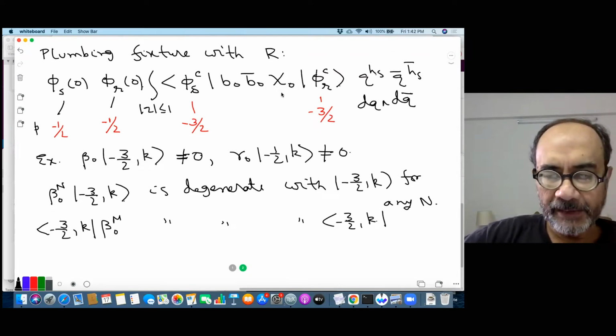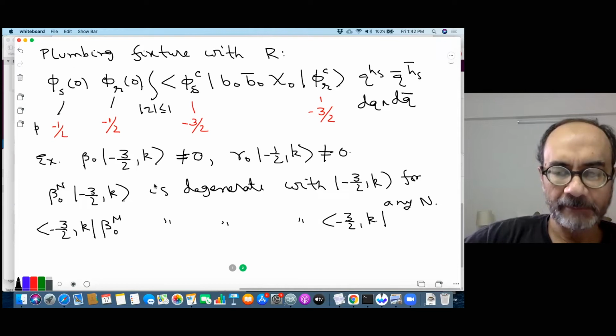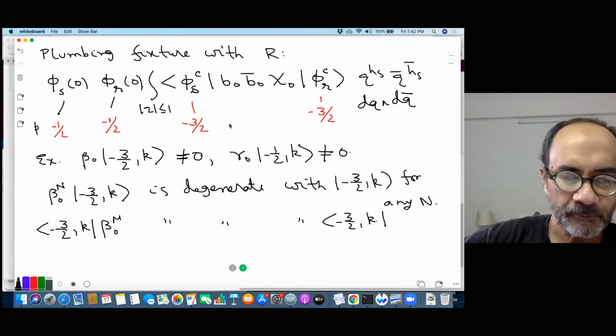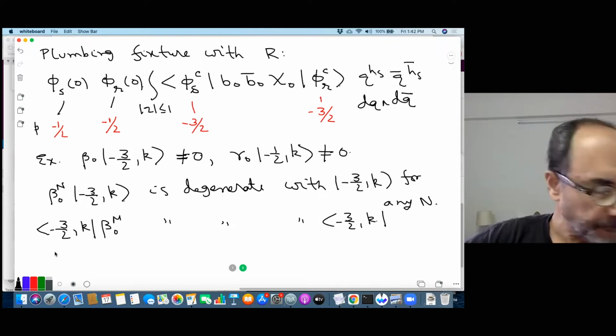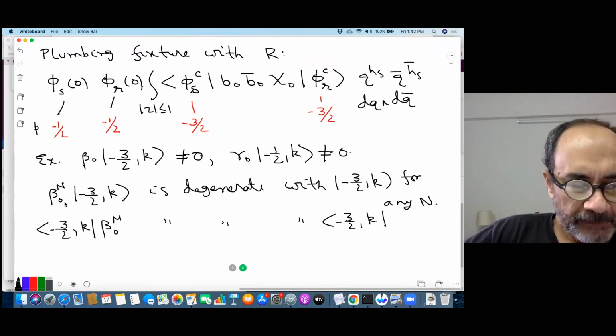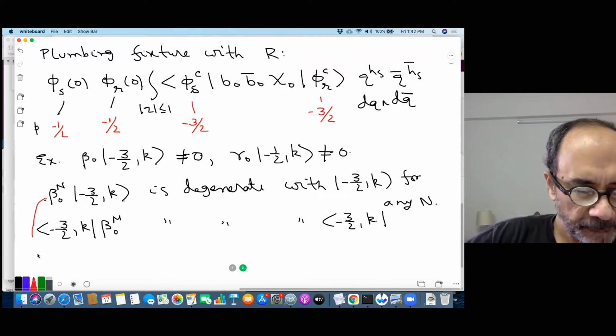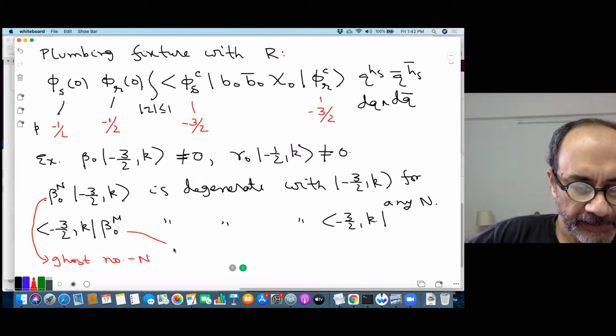However, in this case, you can convince yourself that the divergence doesn't arise. And the reason is the following. You see, when you take this object, this has ghost number minus n. Similarly, this object has ghost number minus n.